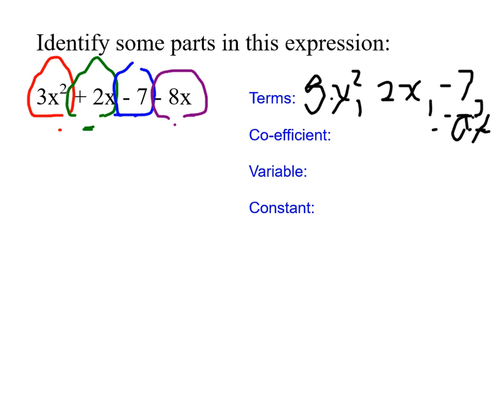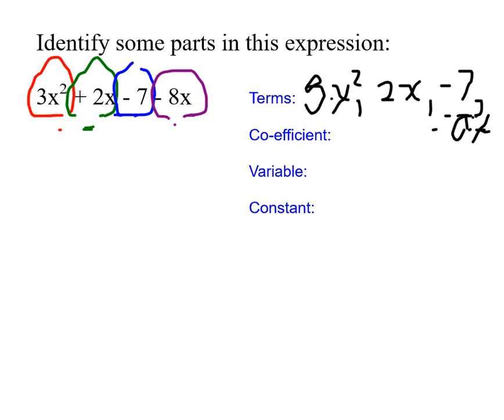So remember, the sign stays with the term. So 3x squared, 2x, negative 7, and negative 8x. Those are the terms. Now the coefficients. Remember, a coefficient is a number in front of anything that has a variable.